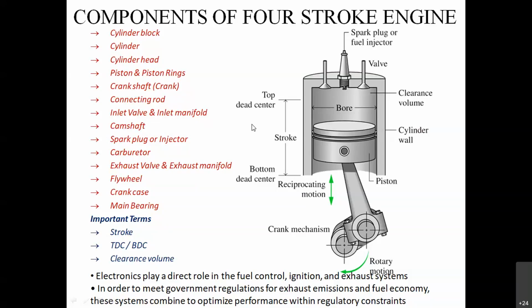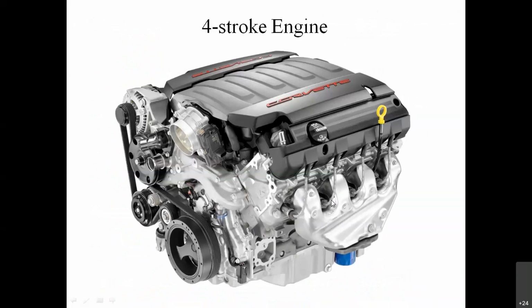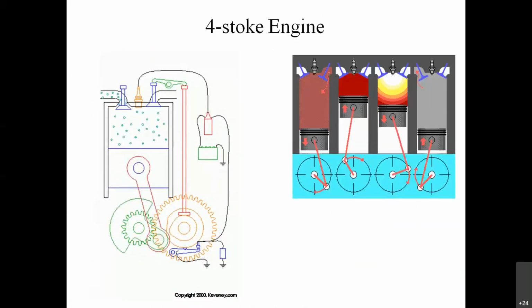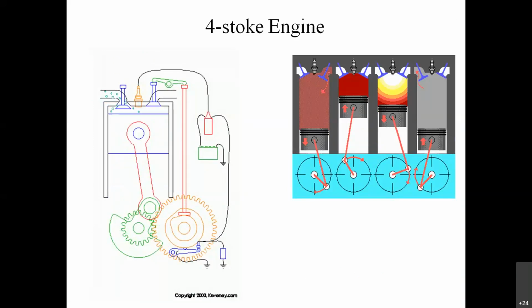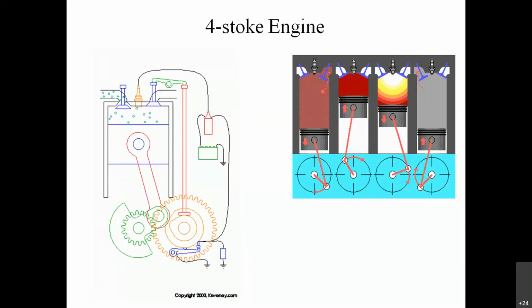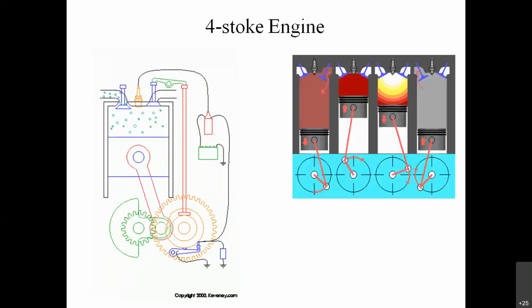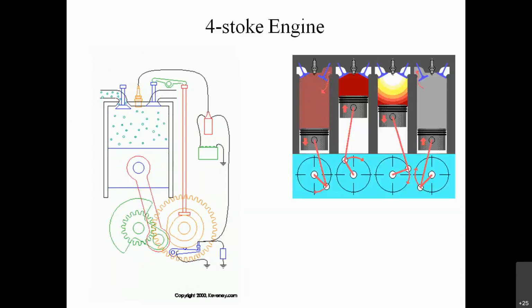We'll just revise the engine working: what we mean by four strokes, how exactly the power is generated, and in which stroke the power is generated. Then we'll go to the engine management system.